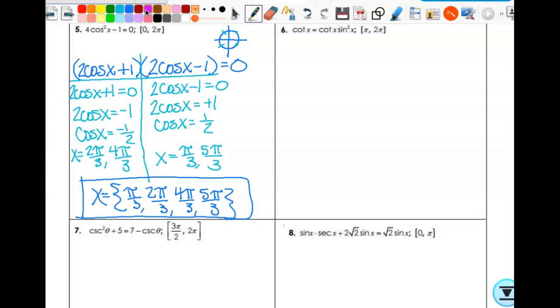So cotangent of x equals cotangent x times sine squared x. So that is a quadratic. I need to set it equal to 0. And here I am going from pi to 2 pi. All right, so that gives me 0 equals cotangent x times sine squared x minus cotangent x.